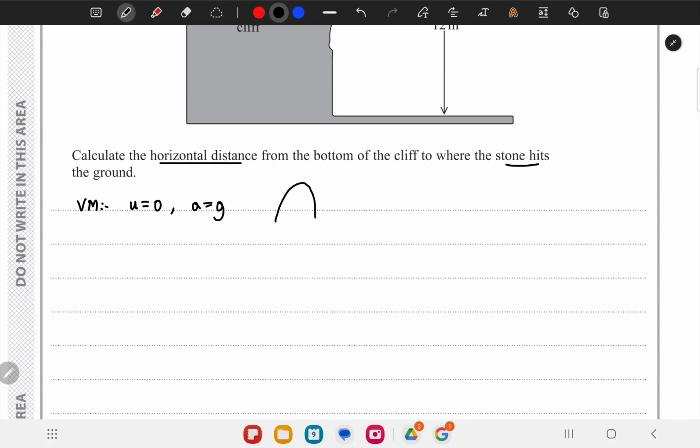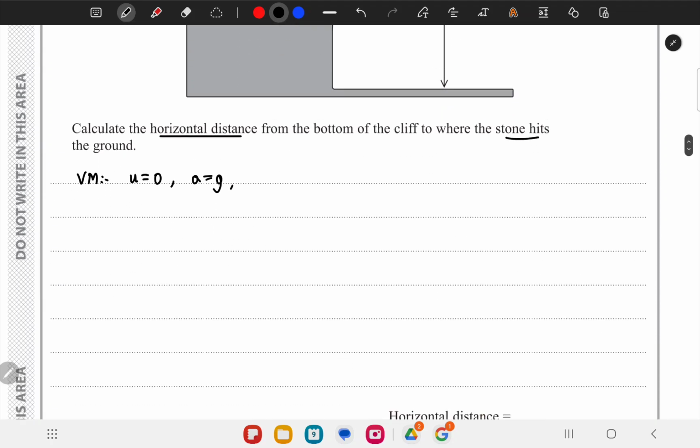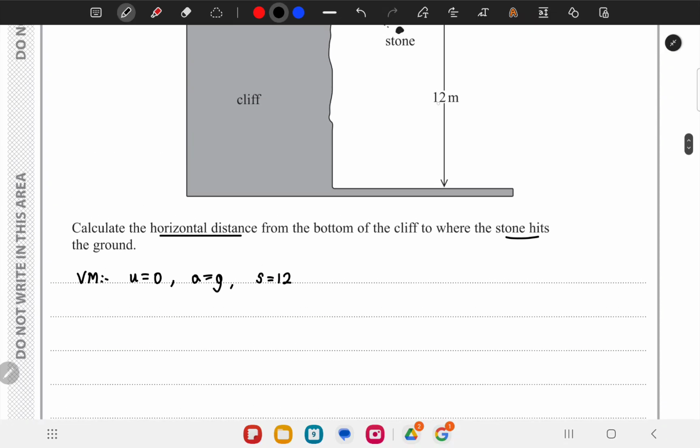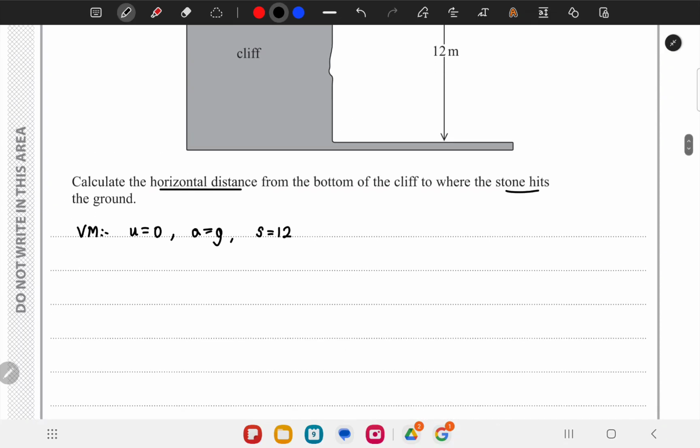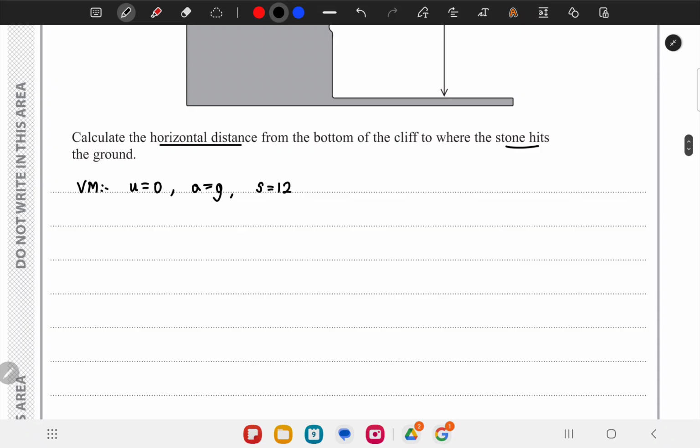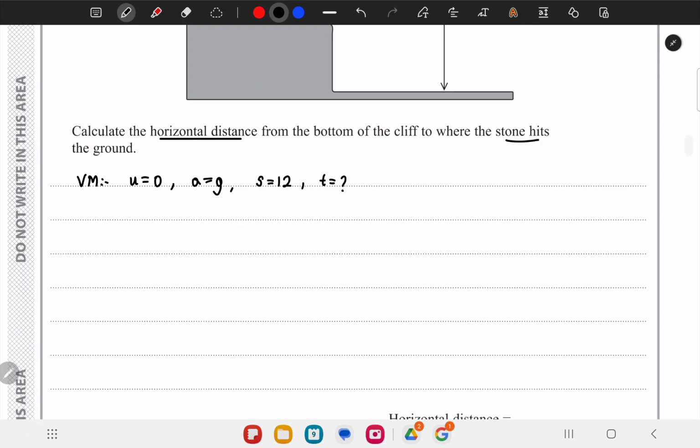If it was thrown upwards, then I'd have to take a equals to minus g. Now we know that the displacement will be 12. Since I'm taking the downward direction as positive, the downward 12 meter can be taken positive. I need to find the flight time t. I don't have v, so I'll use s equals to ut plus half at square.